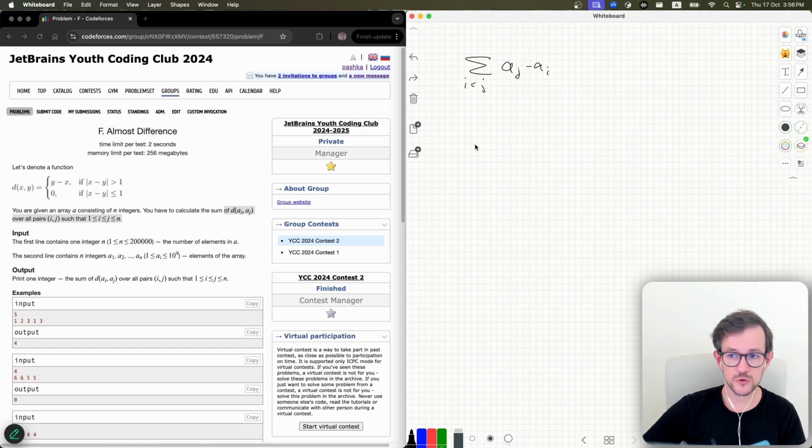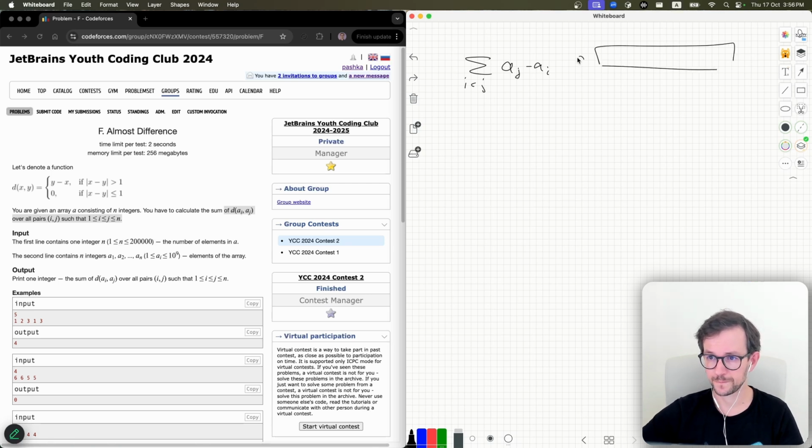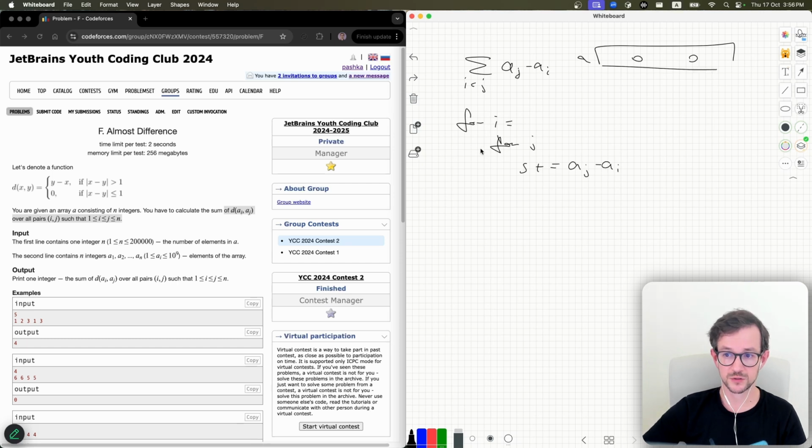So for all pairs i less than j, you have an array, you pick all possible pairs of elements, calculate the difference between them, and sum all these differences. How to calculate this sum faster than in n square time? In n square time, sum is zero, then for i, for j, sum plus equals aj minus ai. So it's n square time. It's too obvious. So how do you do it faster than square time?